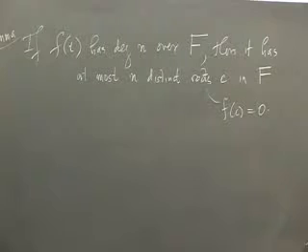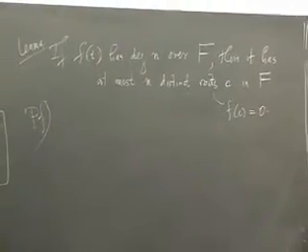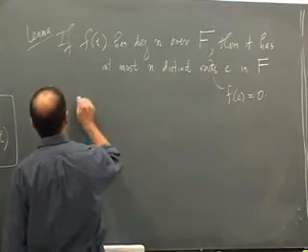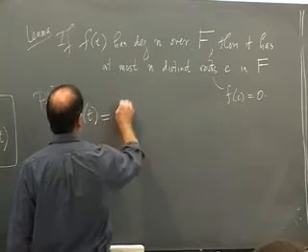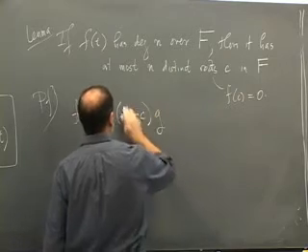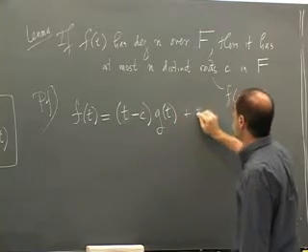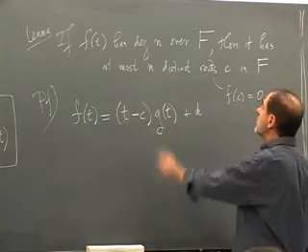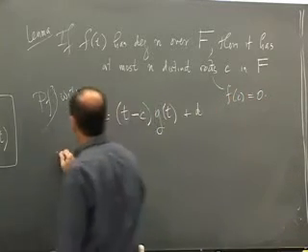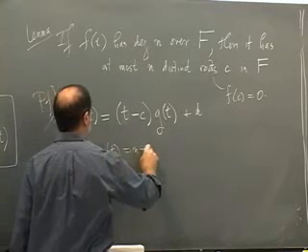The proof of this, which is fundamental, and you've seen it for the reals, is that there's a Euclidean algorithm for polynomials. So you can always write a polynomial f of t as t minus c times another polynomial g of t, plus a constant. You can always do a division, with degree of g of t equal to n minus 1.